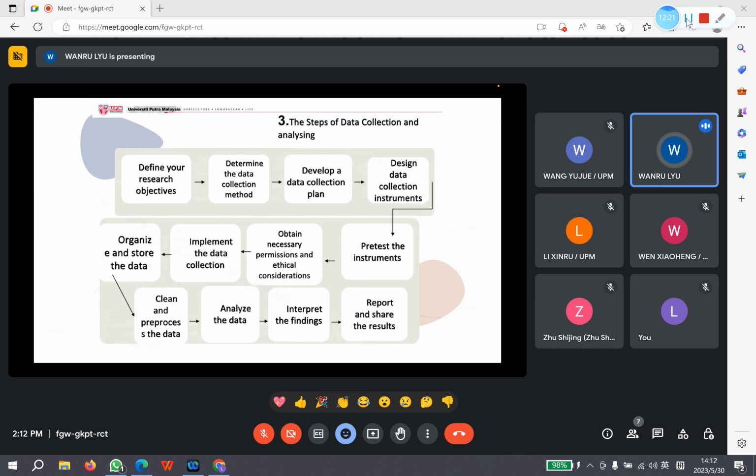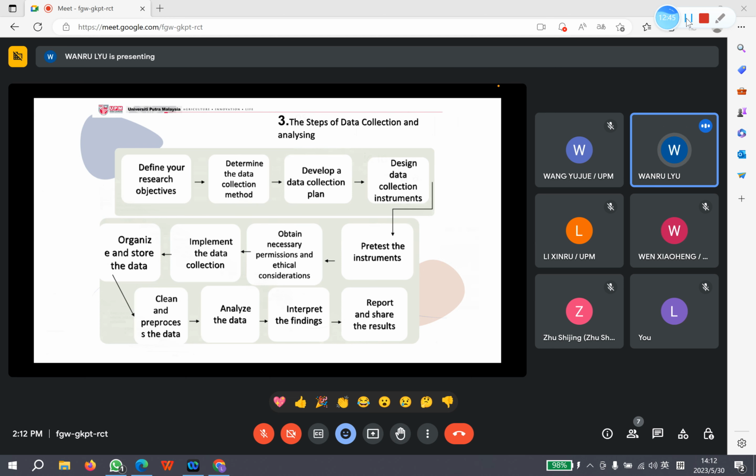Ensure that your instruments are reliable, valid, and align with your research objectives. Then pretest your instruments. Before fully implementing your data collection plan, conduct a small-scale pilot study to test your instrument. Make sure it works. And then you should obtain necessary permissions and address ethical considerations.